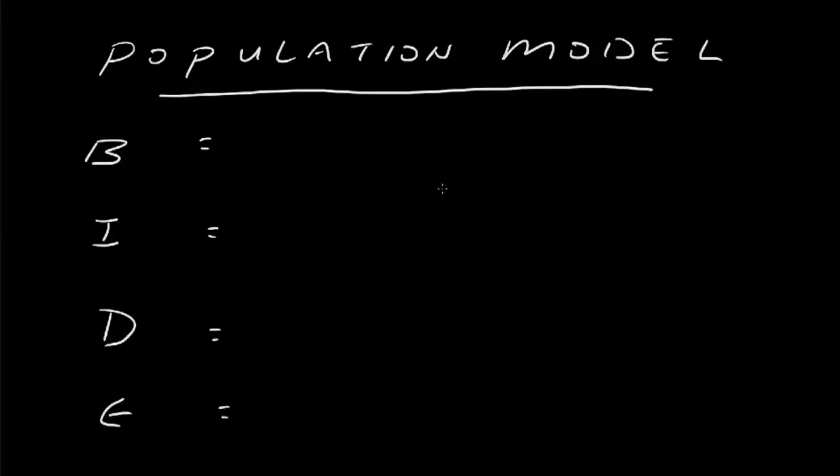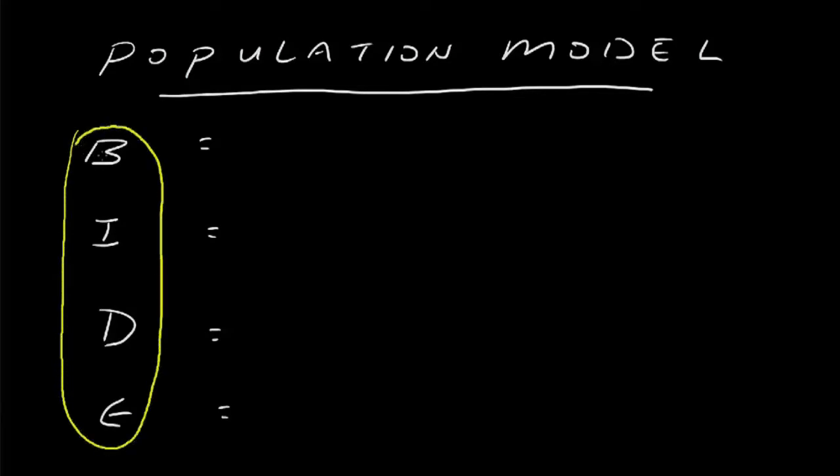In order to estimate how a population changes from one period to the next, what are those factors that we really should be considering? Well, there are four primary factors that are quite central to any population modeling.